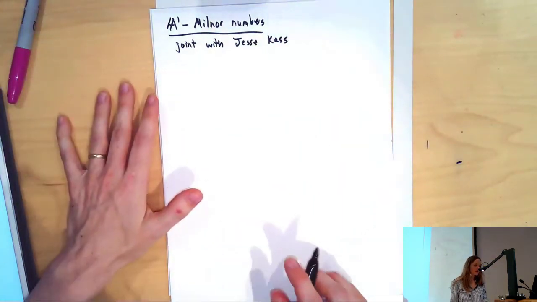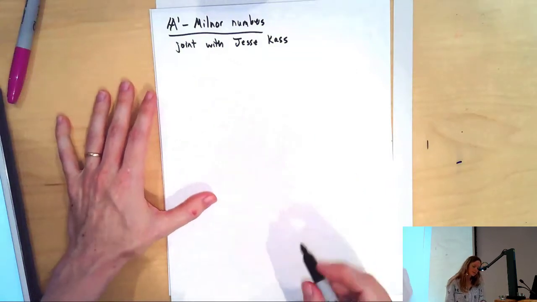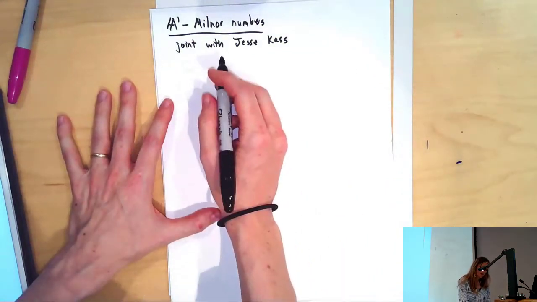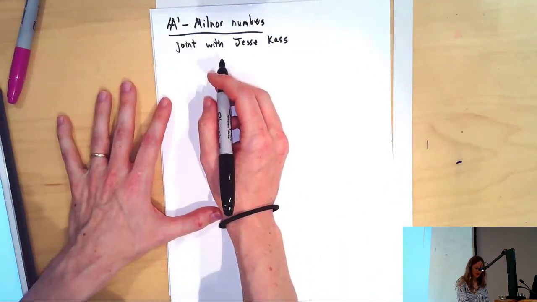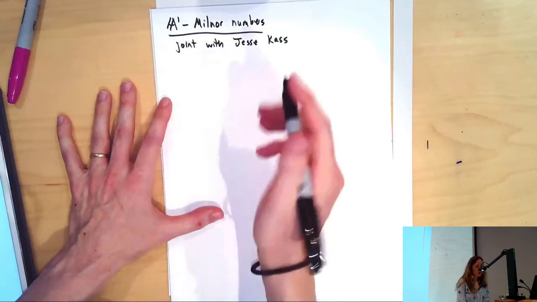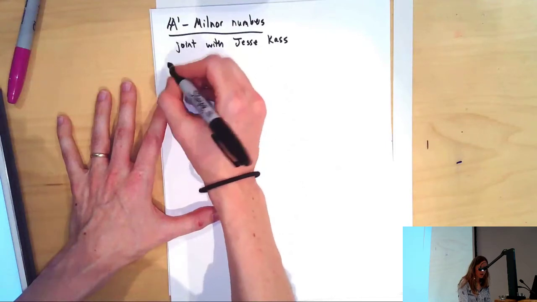Let's think about the classical Milnor number. One possible definition of the Milnor number is that it counts nodes. So let's also define a node.